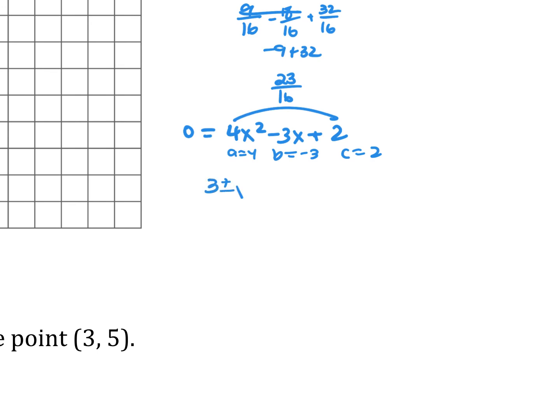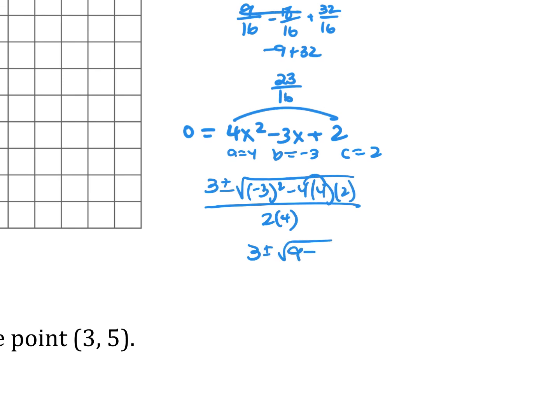Negative b would be 3, plus and minus the square root of negative 3 squared minus 4 times A times C, all over 2 times A. 9 minus, this is 16 times 2, 32. That means there's a negative underneath, which means there's no x-intercepts here.